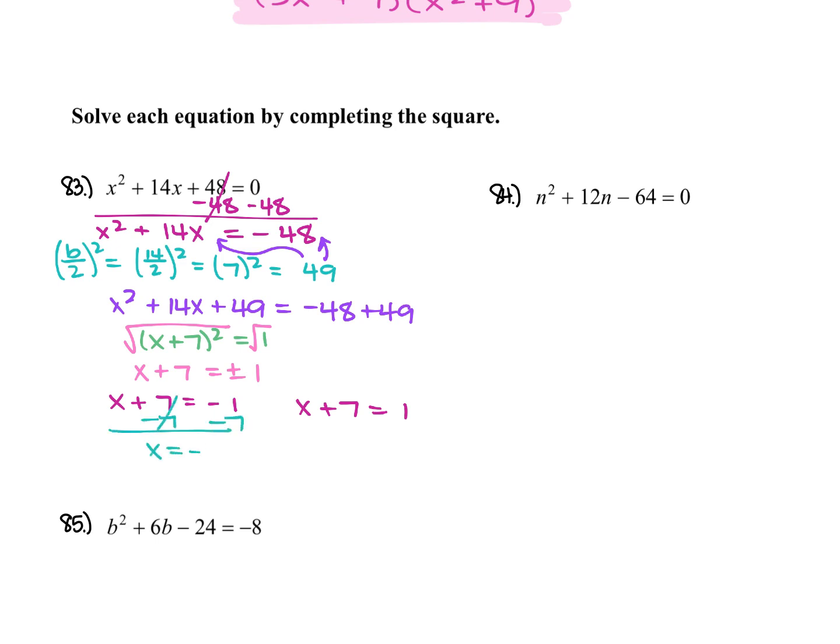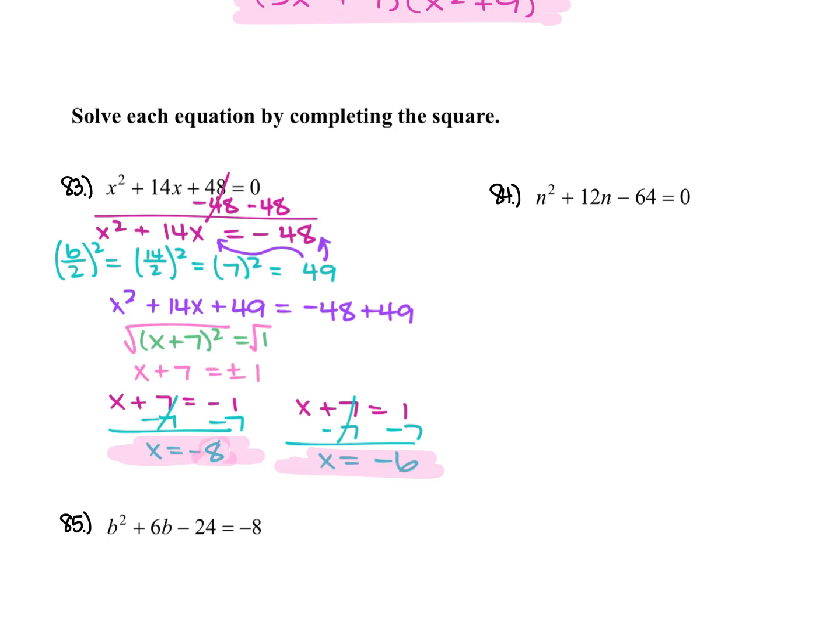You have x is equal to negative 7. I'm sorry, we're doing the same thing. Move the other 7 over, subtracting it from both sides. And you get that x is equal to negative 6 as well. So negative 7, negative 6. So this is not negative 7. This is negative 8. There we go.